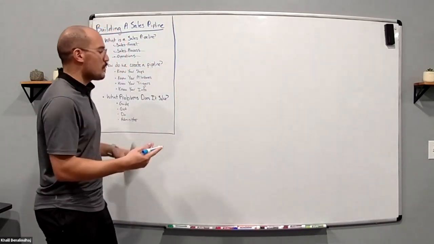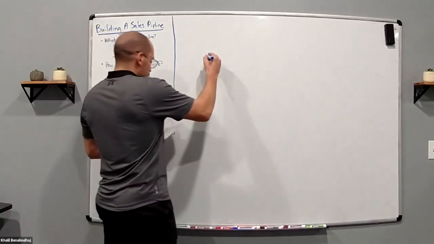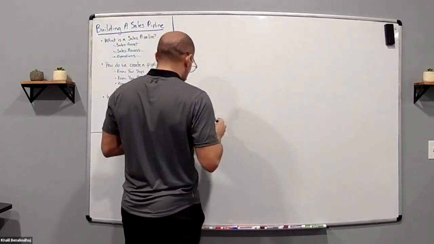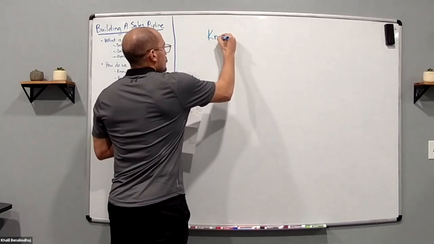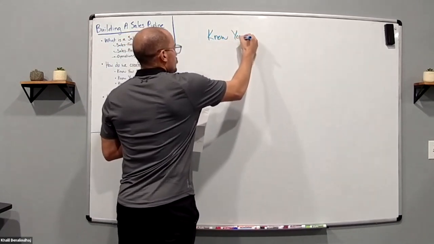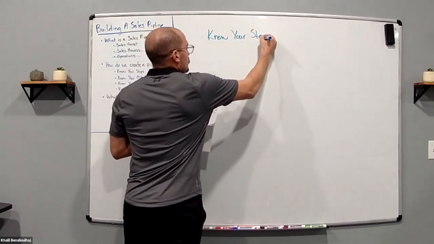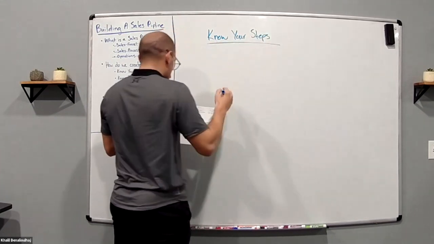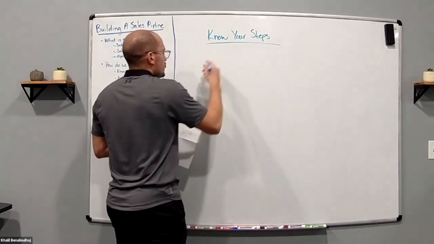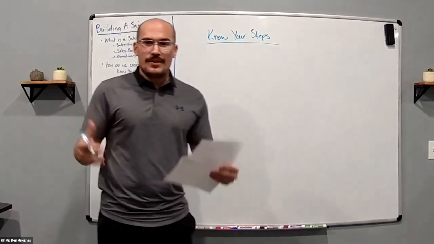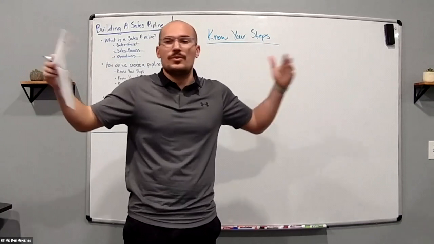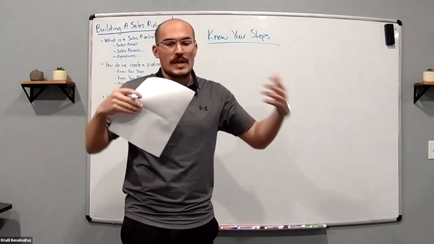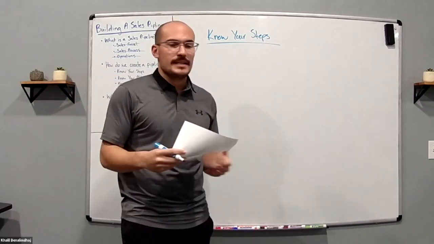Let's go through some of the operational ones. So, know your steps. First, I like to start after the identification stage, because there's so many various ways that you can identify people: through referrals, your website, your social media, your email, phone calls, prospecting, events.